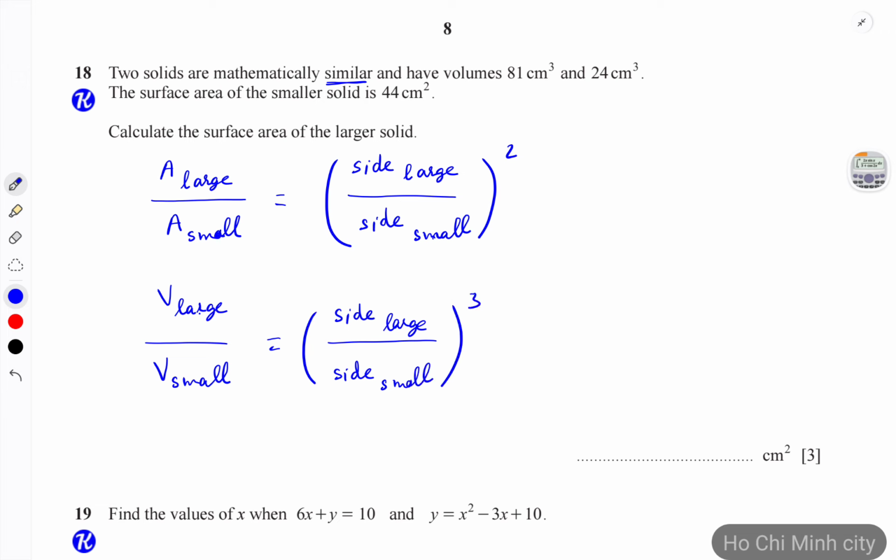All right, so from these two, we can write down the relationship between the ratio of area and the ratio of the volume.